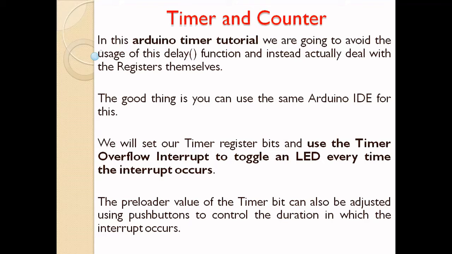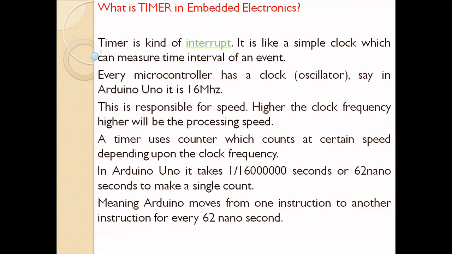There are a lot of interrupts available: external interrupt, internal interrupt, serial interrupt, timer interrupt. This is called a timer interrupt. It is used to measure the time interval of an event. Suppose there are two events; you have to find out the time of the particular event, how much time it will take. By using this timer we can calculate that.